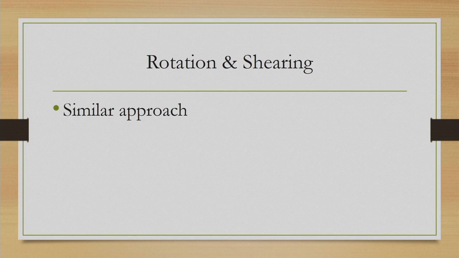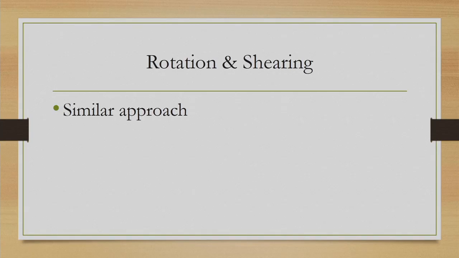And as I said, we can follow a similar approach with respect to rotation and shearing by first translating the fixed point with respect to which rotation or shearing is to be performed to the origin, then performing the corresponding operation and then translating it back to the original location. So, for rotation, first we will have one translation, this is followed by rotation with respect to origin, this will be followed by translating back to the original fixed point location.